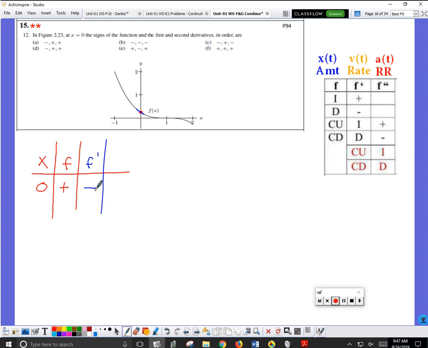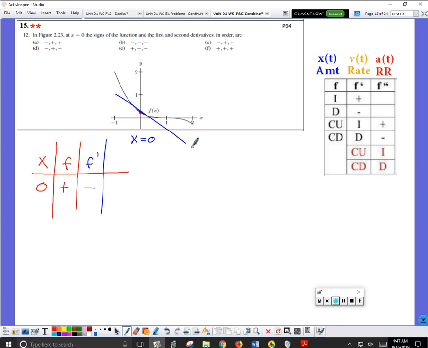So, every y-coordinate on f prime is an exact match with the tangent slope on f. So I'm looking at f, here at x equals 0. I see a tangent, and I can't calculate that. Well, I guess I could, but I don't really need to. This tangent's going downward.